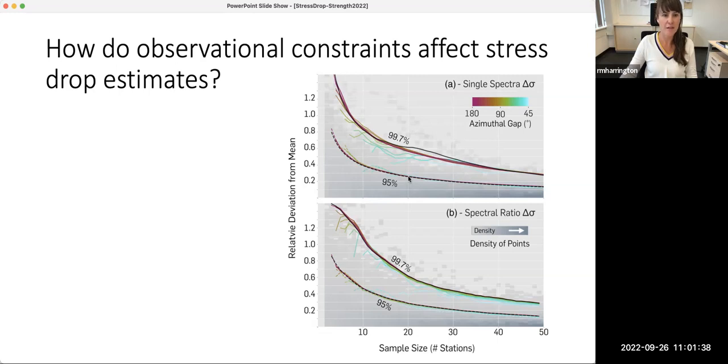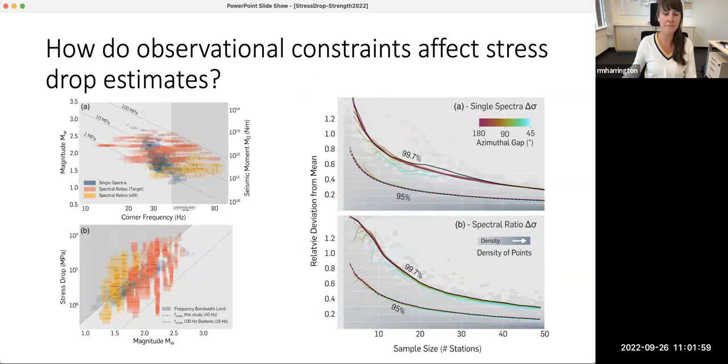Even with a sample size of 20 stations, which for a standard seismic deployment would be a fairly large number of stations for this small spatial region, we still have a variation of within 30%, and so on. So you can see that we have quite a large variation within our estimated stress drop values.